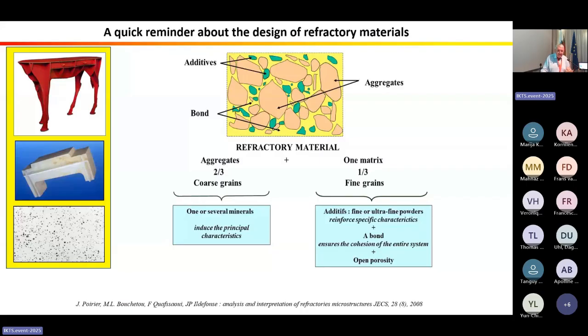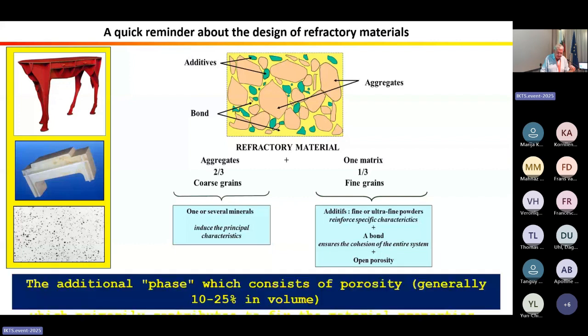The matrix represents 30% of the material. It is composed of fine grains with additives, fine and ultra-fine powder, which reflect the specific characteristics, plus a bond, which ensures the cohesion of the system, plus an open porosity. This additional phase, the porosity, represents between 10 and 25% in volume, and it is very important to the behavior of the materials.